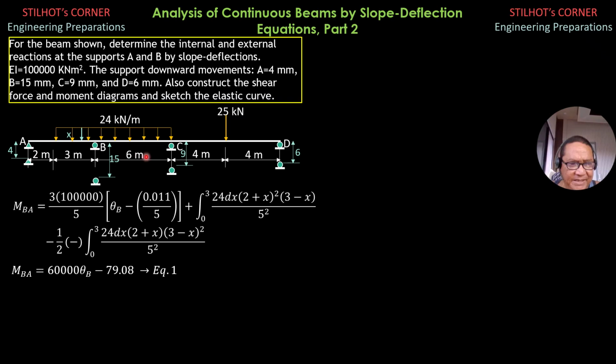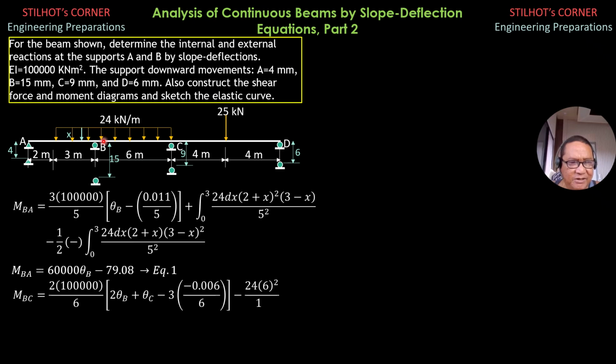Then MBC, 2 times 100,000 over 6, quantity 2 theta B plus theta C minus 3 times negative 0.006 over 6, then minus fixed moment BC is negative 24 6 squared over 12.